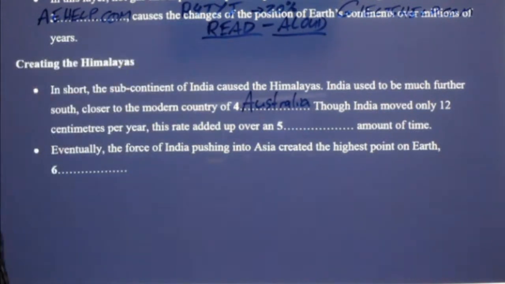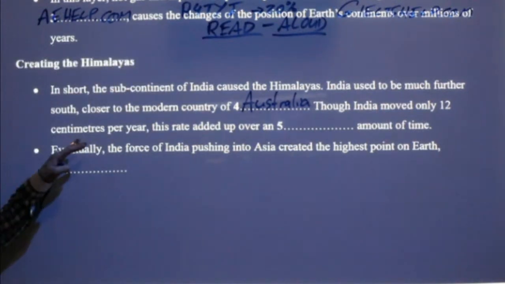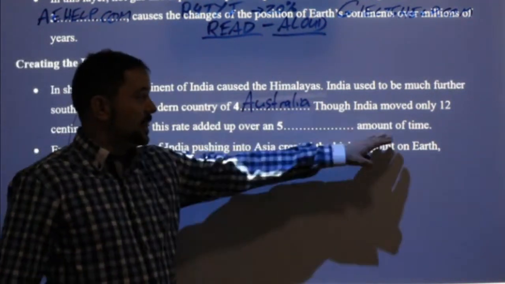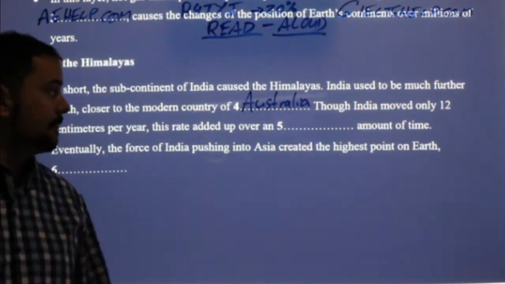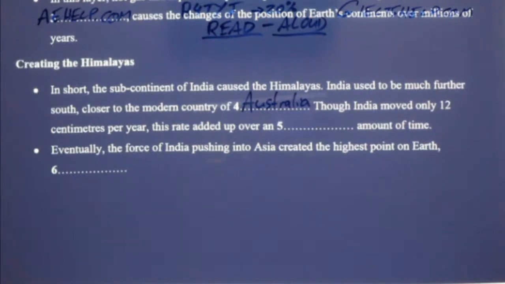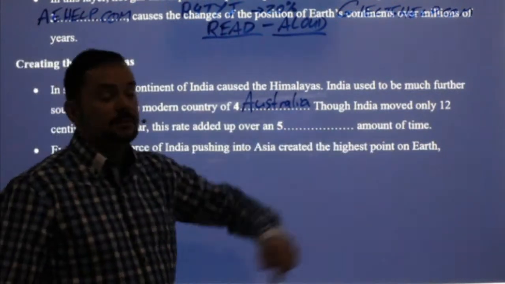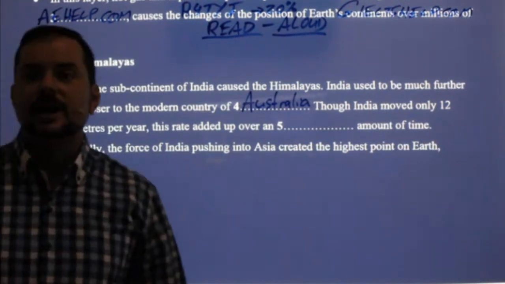Okay. Though India moved only 12 centimeters per year, this rate added up to an something amount of time. What is it? So it added up over something amount of time. How much time?